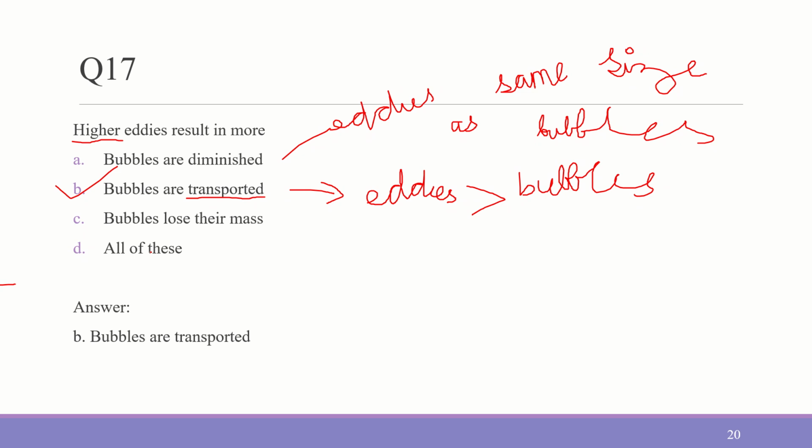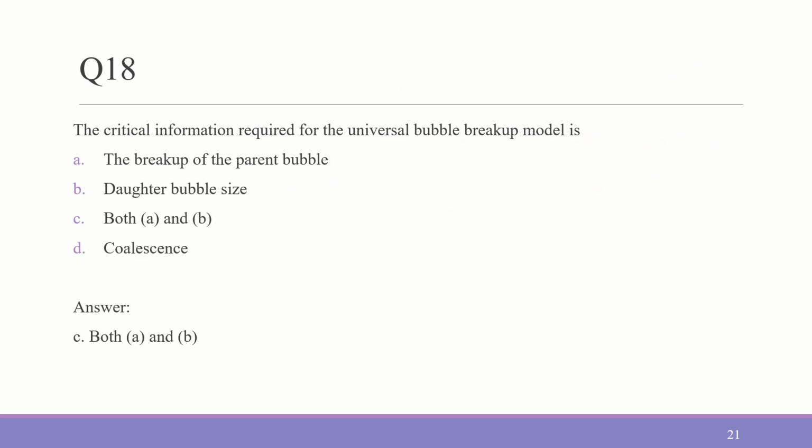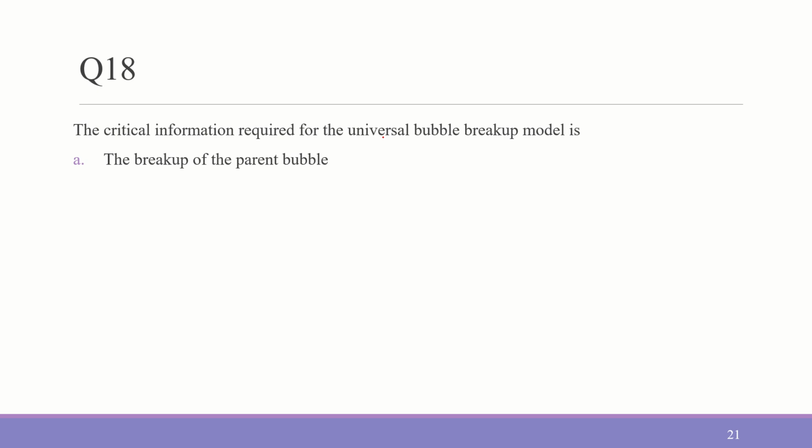Now let us go to question 18. Critical information required for universal bubble breakup model is dash. Option A, breakup of parent bubble. Option B, daughter bubble size.